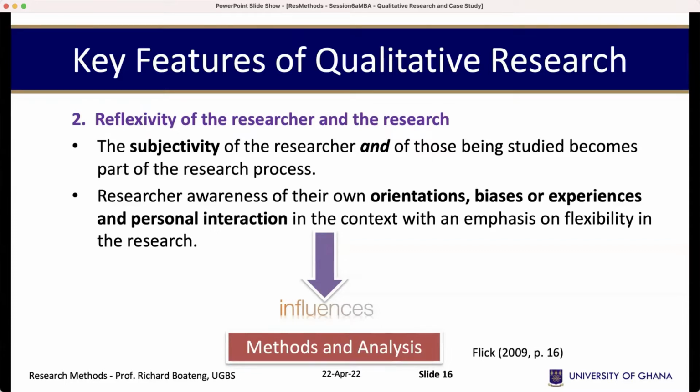I have done that quite a number of times, even as a researcher. So it helps you to be aware of your own orientations, biases and experiences, and sometimes try to leave the personalization of the data and come to a much more holistic interpretation of the data. Because if you are too close, you may interpret everything based on what you have experienced. But if you step out, you can get other people's rich experiences to influence the data.